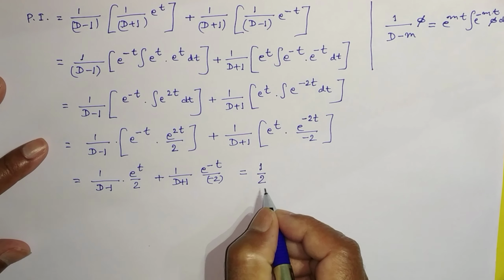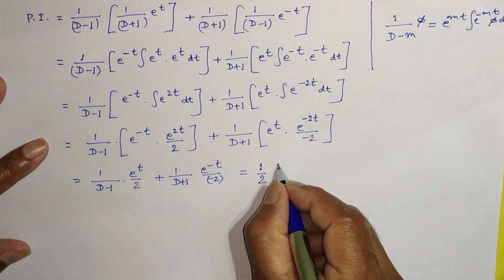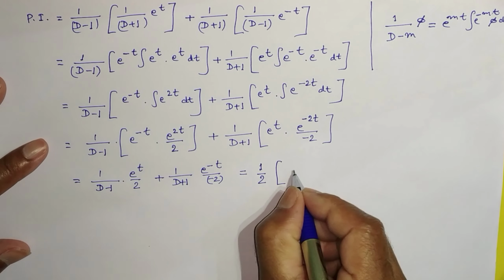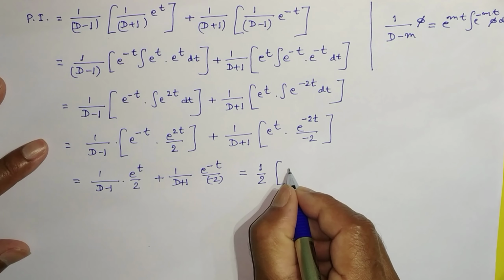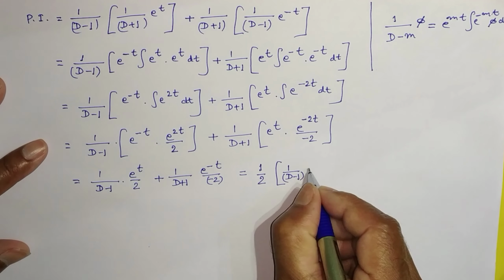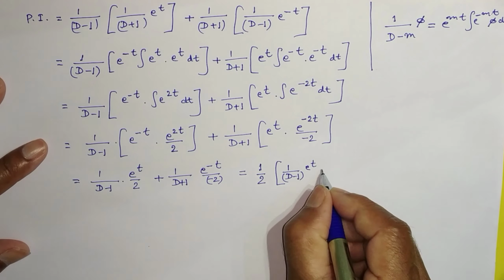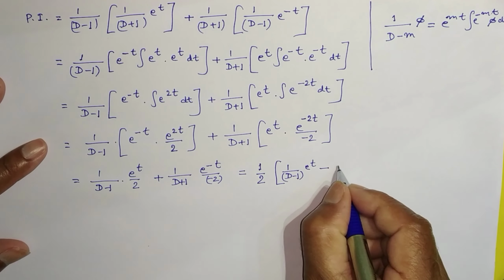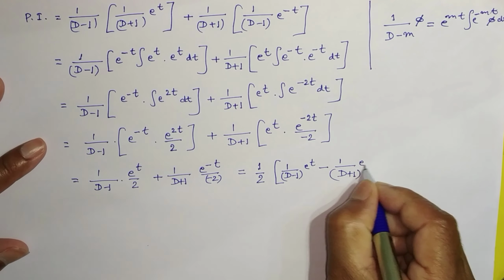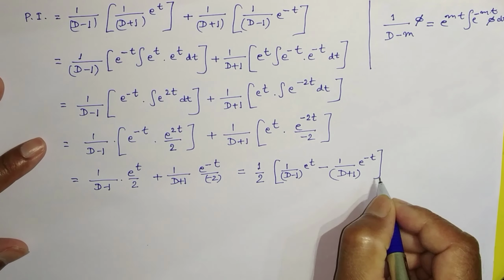It is half, take common half from both terms, and it is 1 upon D minus 1 of e raised to t minus 1 upon D plus 1 of e raised to minus t.